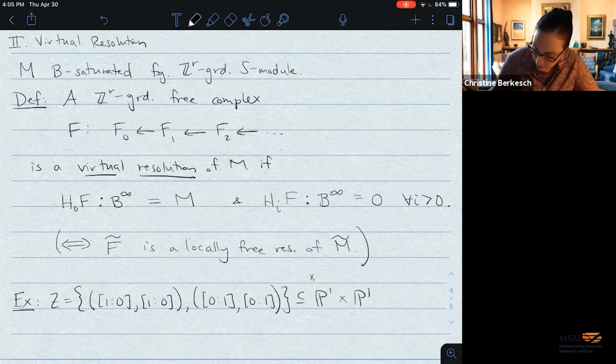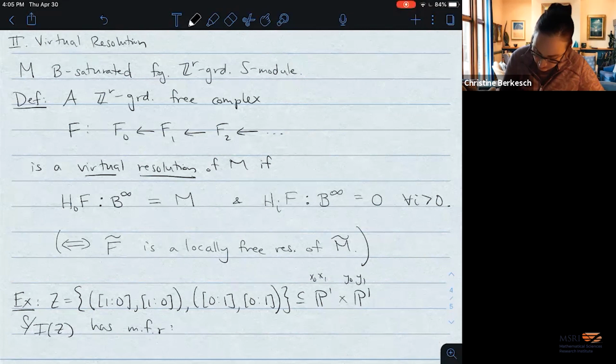And again, I'll use coordinates X's and Y's on my two products. So in this case, let me first give you the minimal free resolution.